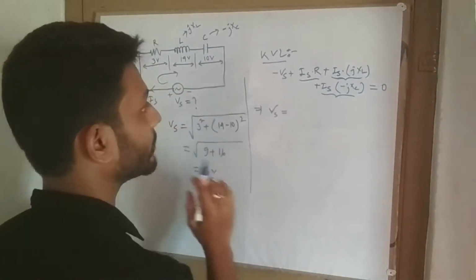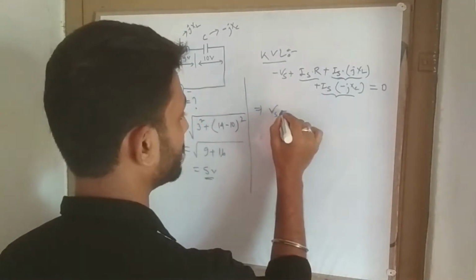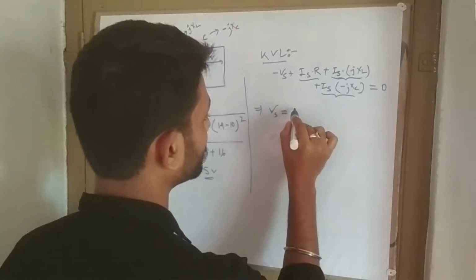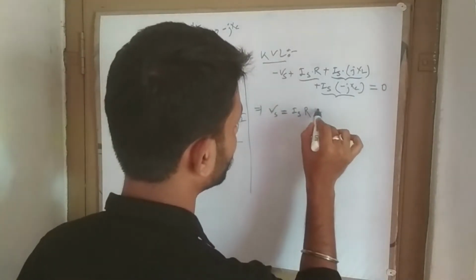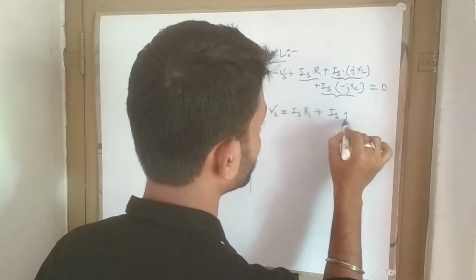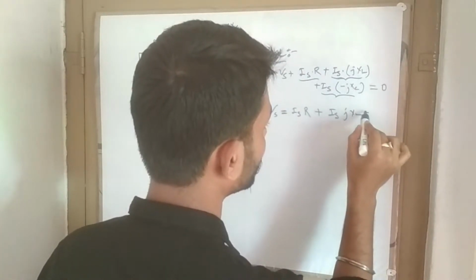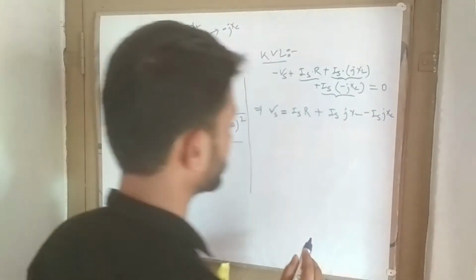So if we take the Vs value on that side, then Vs will become Is R plus Is JXL minus Is JXC.